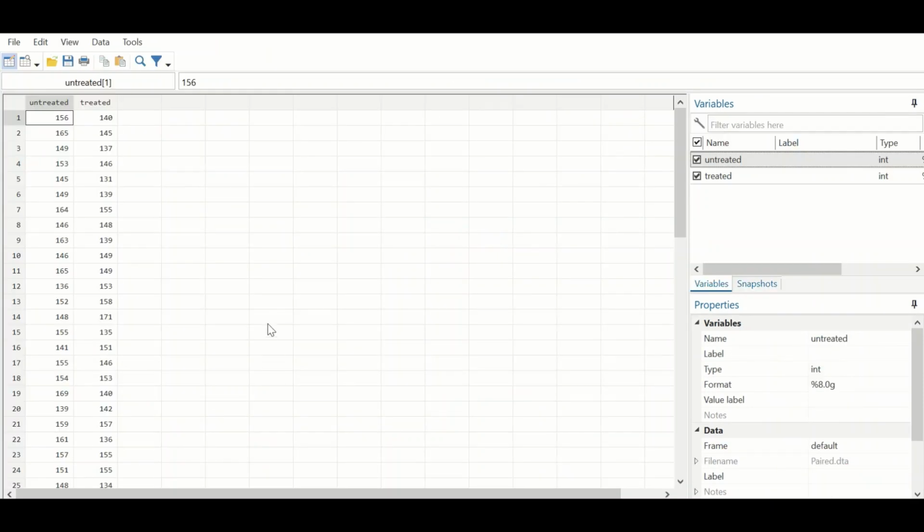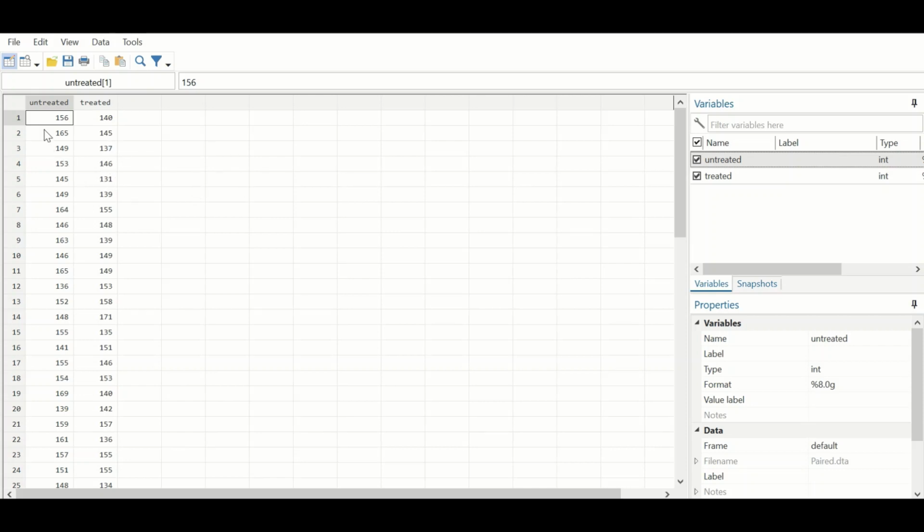Here in this STATA data view, I have two variables, untreated and treated. Both variables are continuous and normally distributed, and the participant has been measured under two different conditions.